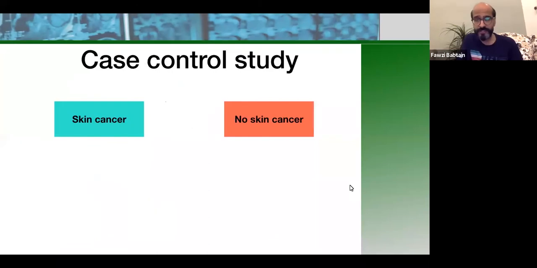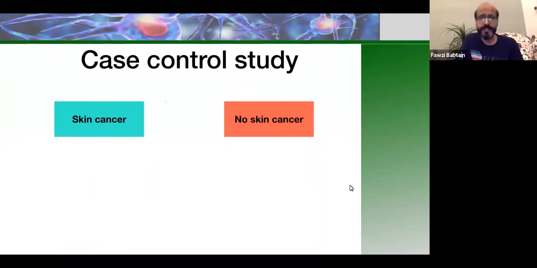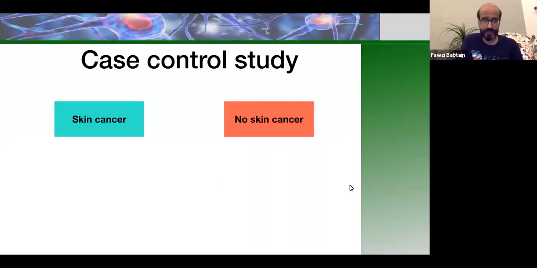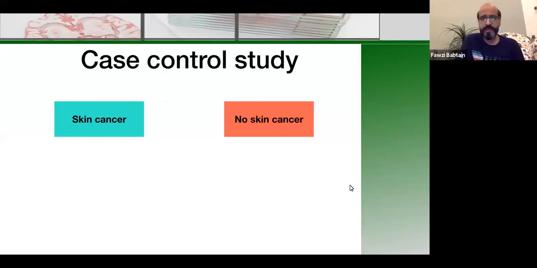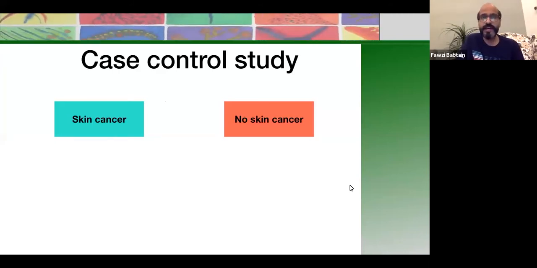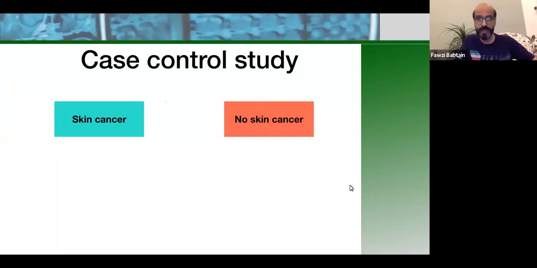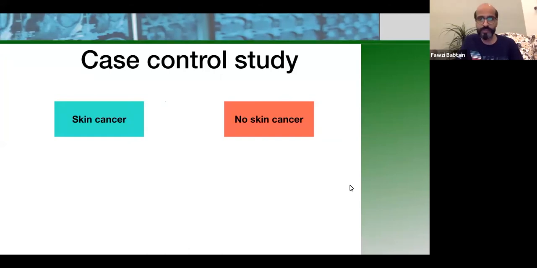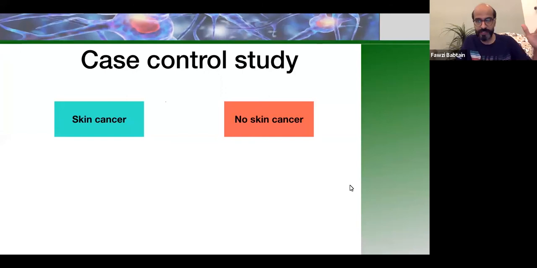Another study that you may do, which is a really good study design and really good for risk factors, is the case control study. The cross-sectional study gives me an association between exposure and outcome, the association between radiation and skin cancer. The case control study gives me: is it a risk or no risk?